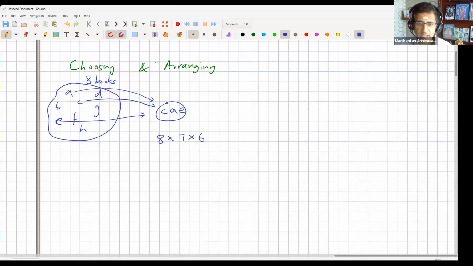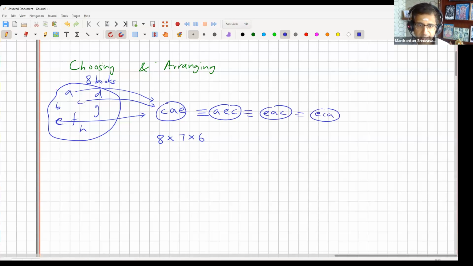But is this the number of ways in which I can choose 3? No, because suppose I had called out A first, then E, then C, it's also the same collection. Or if I call out E first and then A and then C, it's also the same. It's also the same as E, C, A and all that.